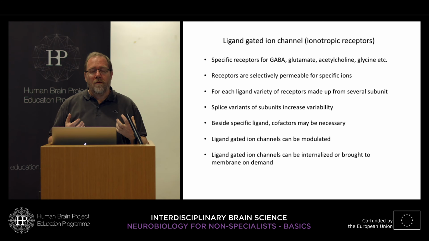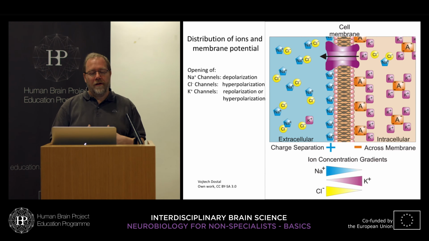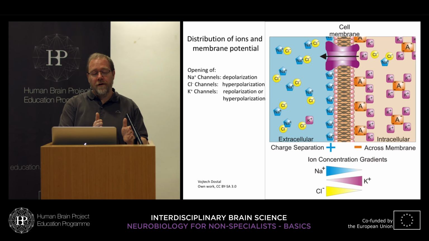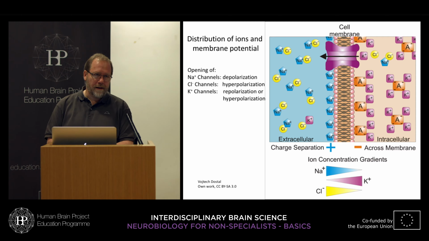Now, what happens if we open a pore? Basically, if there is no gradient, if there is no difference between inside and outside the cell, nothing happens. So what we need is a difference in the distribution of ions along the membrane. We have a lot of sodium and chloride on the outside of the membrane, and a lot of potassium inside the cell.